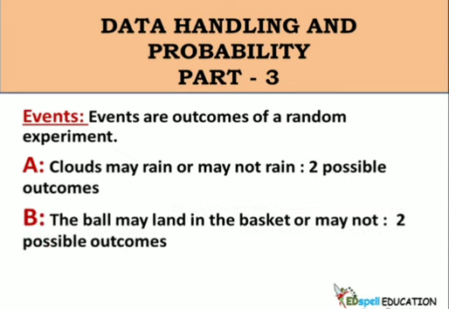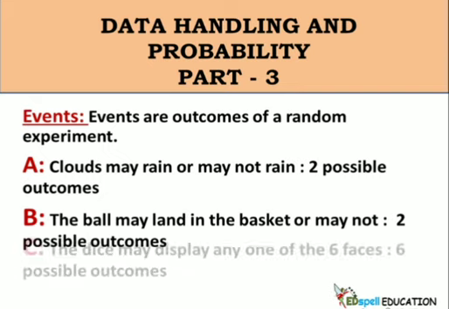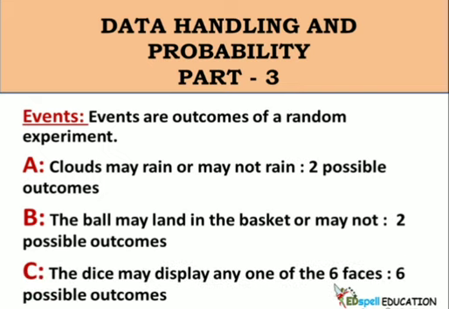The basketball may land in the basket or may not. Again, we have two possible outcomes. Example C shows a rolling dice. The dice may display any one of the 6 faces. So here we have 6 possible outcomes. Clear?